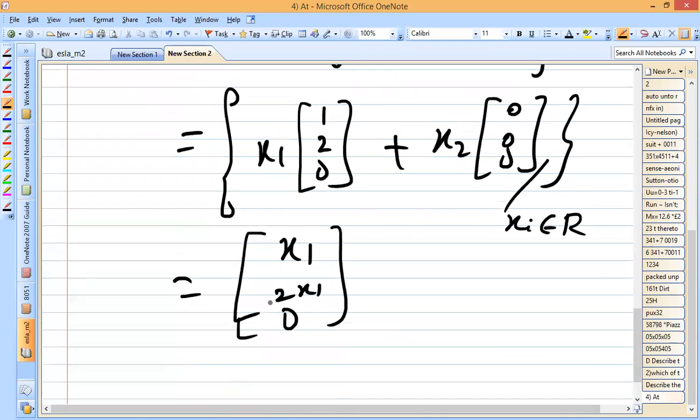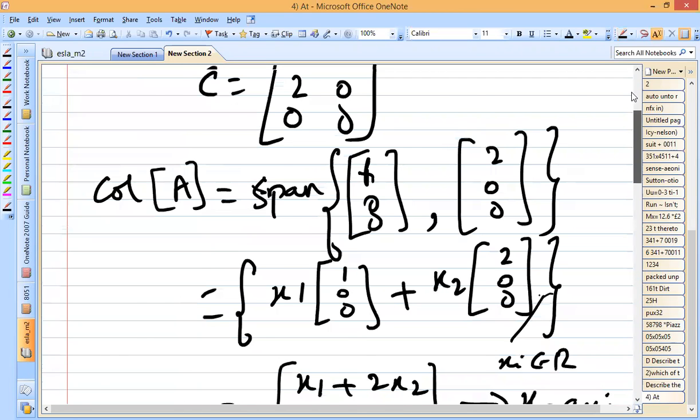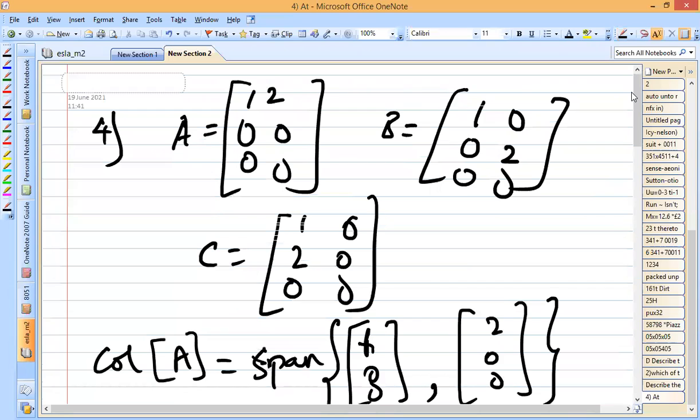If you are finding the same elements in the same column, then it is nothing but a line. It is defining a line. Just observe, here three different matrices are being shown to define the x-axis, the xy plane, as well as the line.